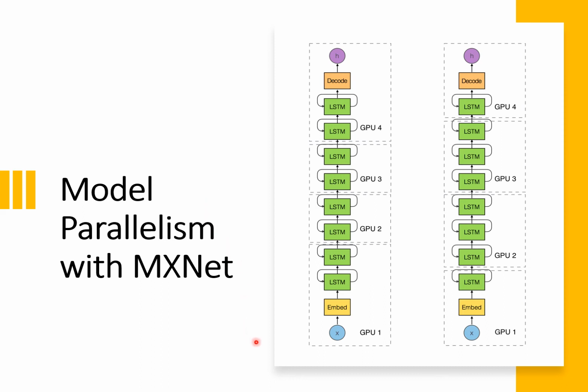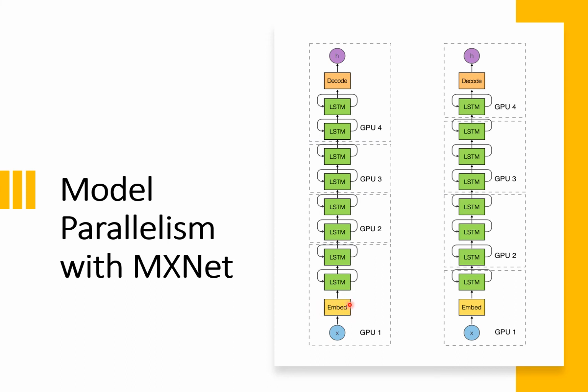So now we have more GPUs, and therefore we can support a more complex LSTM model, which has many more layers. In the first diagram on the left, you see that we have assigned the first 2 layers of LSTM to GPU 1. We have an embedding layer which converts the input data or strings into a vector form. So this is what embedding does.